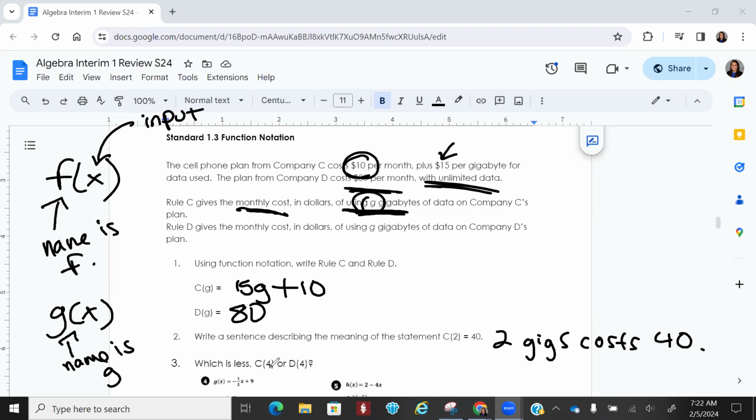So we're going to take 4 and plug it into our equation. So we've got 15 times 4 plus 10. Somebody put that in their calculator and tell me what you get. And then D of 4, that's just going to equal 80, because no matter how many gigabytes I use, it's going to be $80. So what's 15 times 4 plus 10? 70. Okay, so which one is less? C of 4 is less.